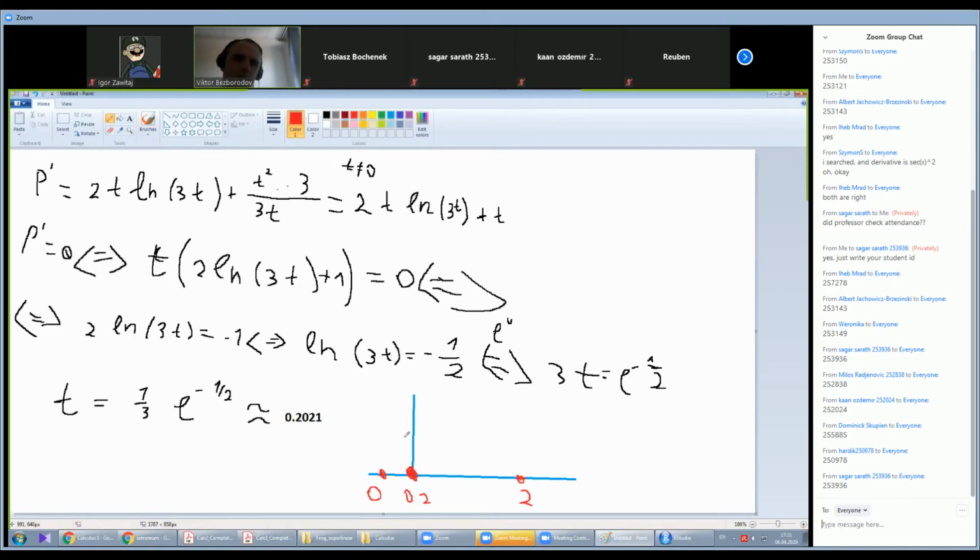Okay, so we compute the derivative. Here we have to compute something like the derivative at 0.1, I think. So this is the derivative, right?